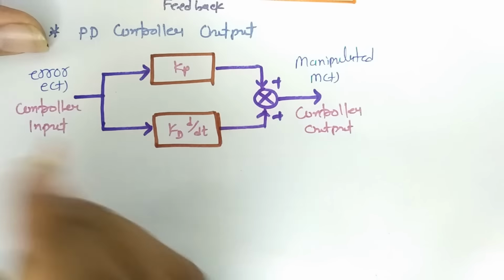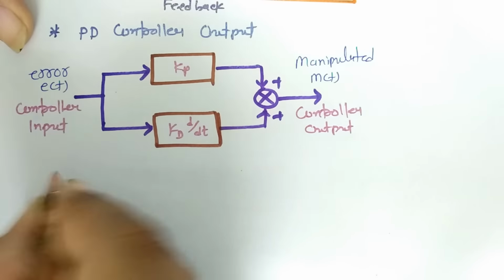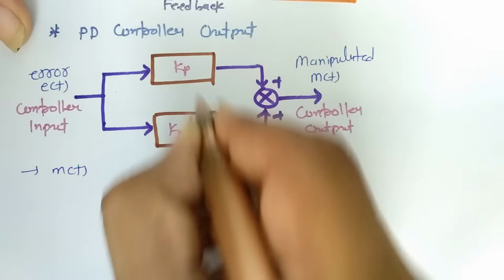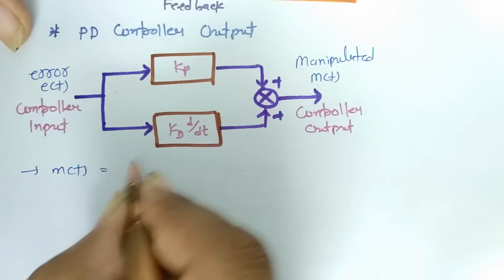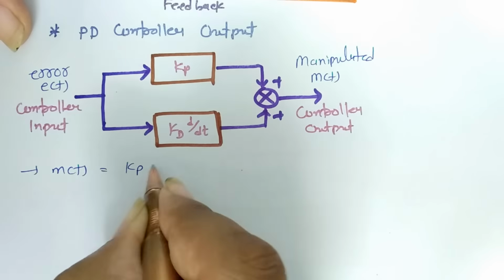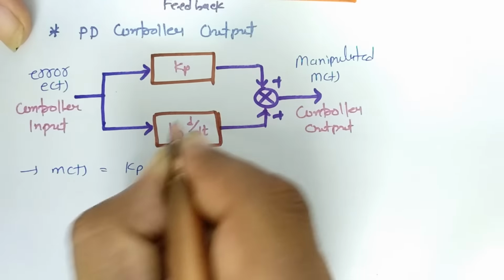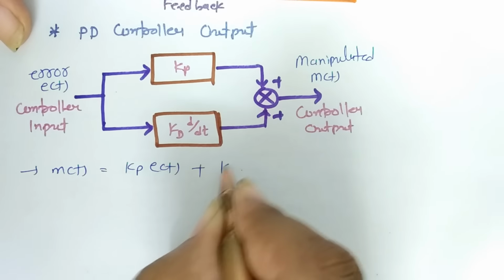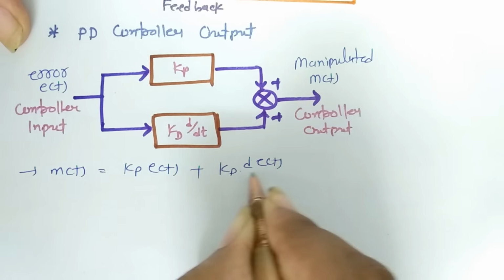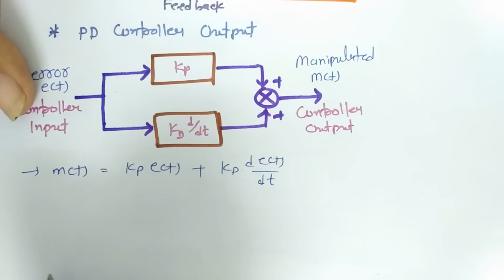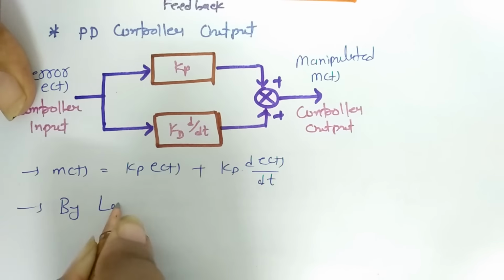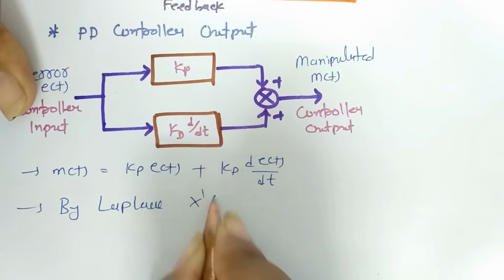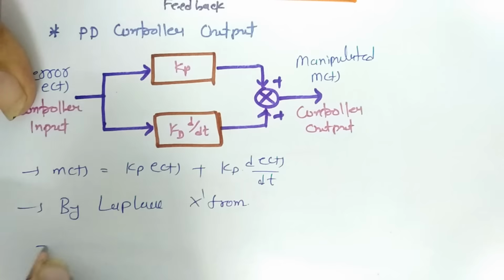When we talk about the controller's output, the controller output m(t) is the algebraic addition of the output due to the proportional controller as well as the derivative controller. The proportional controller's output is Kp into e(t), plus the derivative controller's output, which is Kd into de(t)/dt. Now if we do the Laplace transformation, we can convert this time domain signal into an S domain signal.